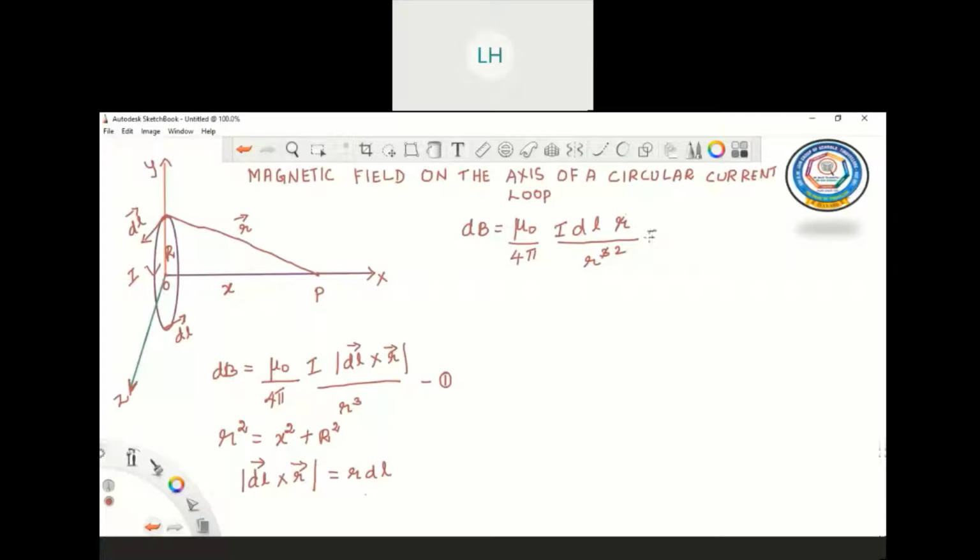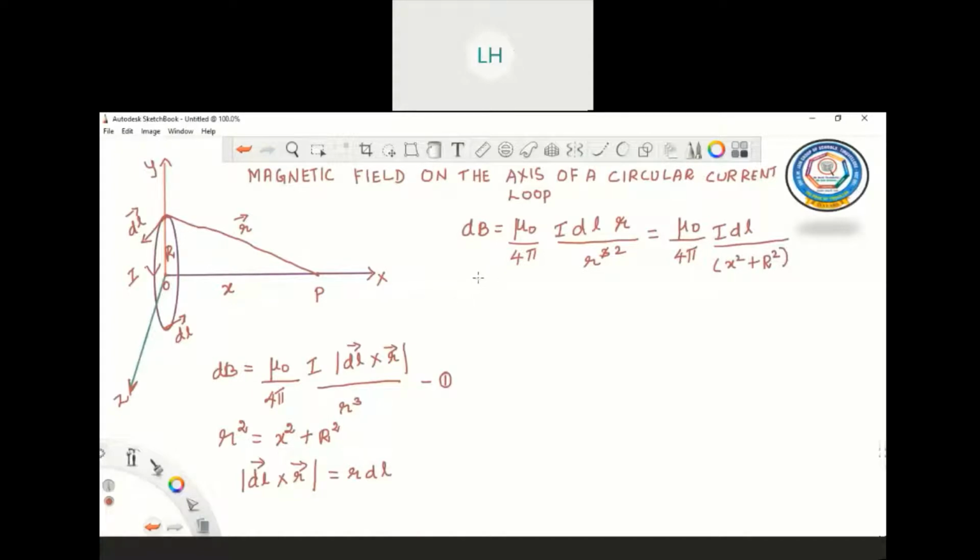Okay, so we are going to substitute this value for this r square, because already we found this r square as x square plus capital R square, right? So can you write it as mu naught by 4 pi I dl divided by x square plus r square.